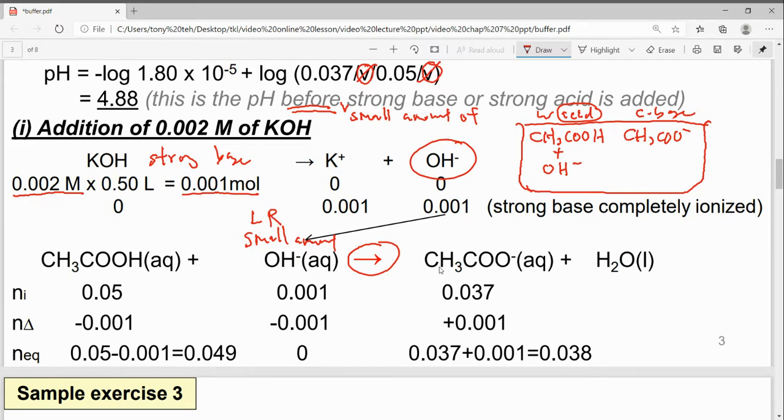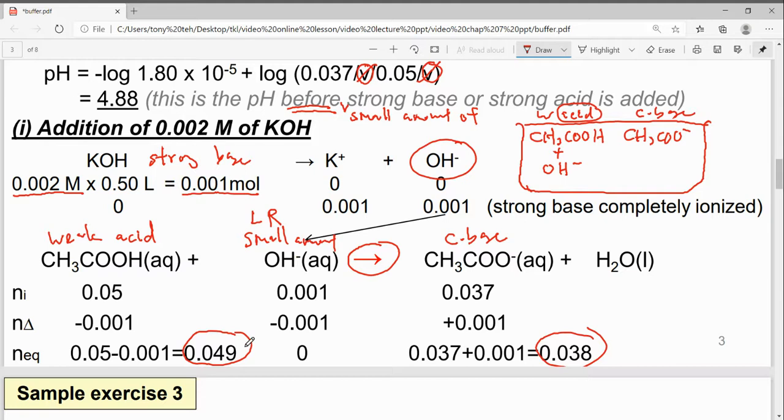After you solve the ice table, you will get the number of mole for conjugate base after adding small amount of OH minus, and you will also get the amount of weak acid after adding small amount of strong base.